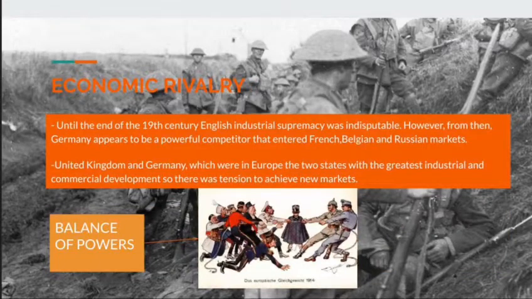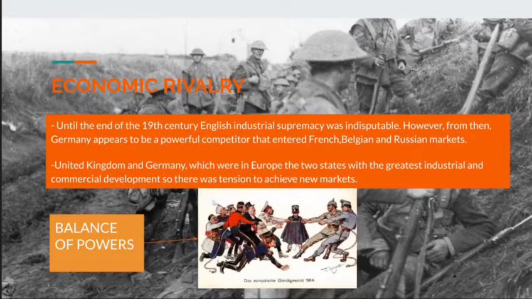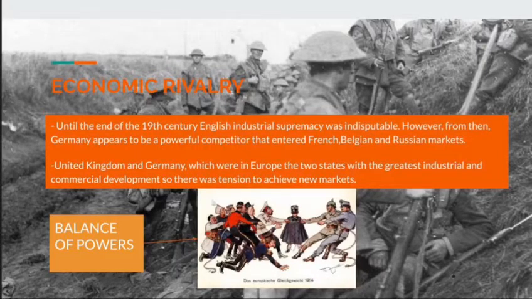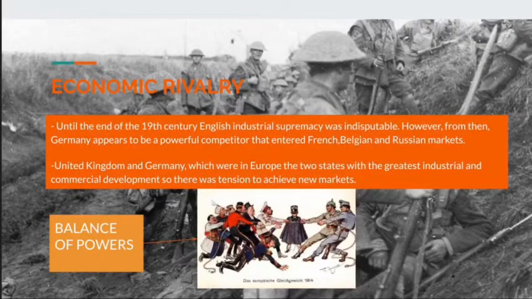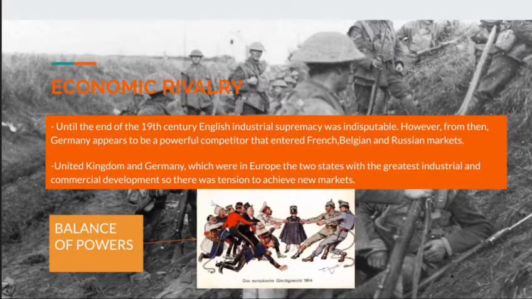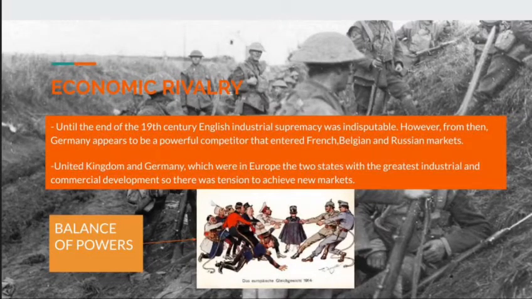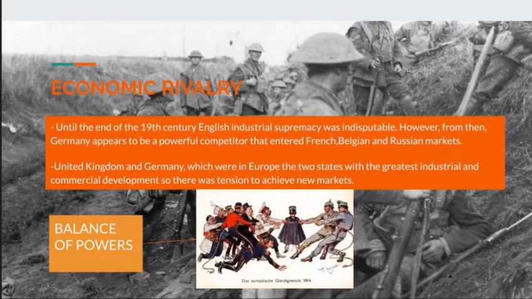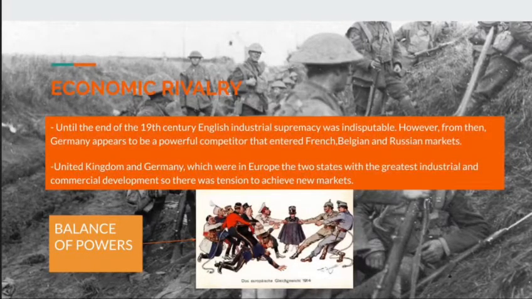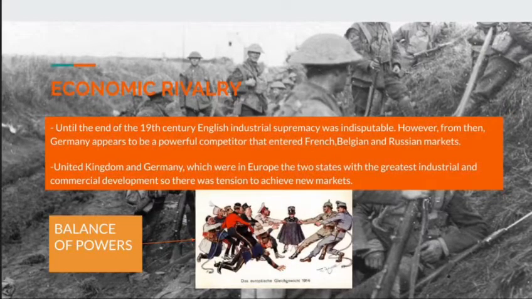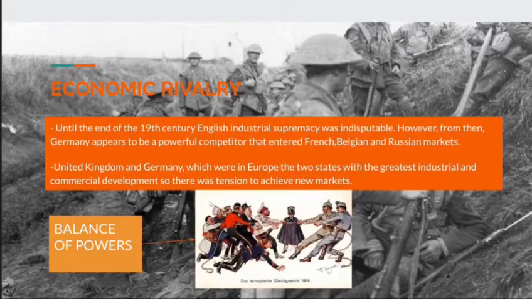Economic rivalry. Until the end of the 19th century, English industrial supremacy was indisputable. However, from then, Germany appeared as a powerful competitor that entered French, Belgian, and Russian markets. Between the United Kingdom and Germany, which were in Europe the two states with the greatest industrial and commercial development, there was tension to achieve new markets, an economic battle.